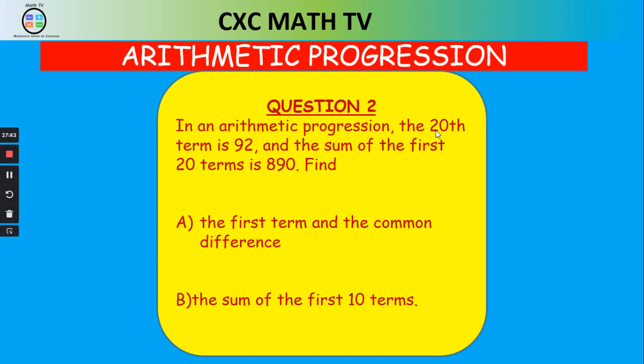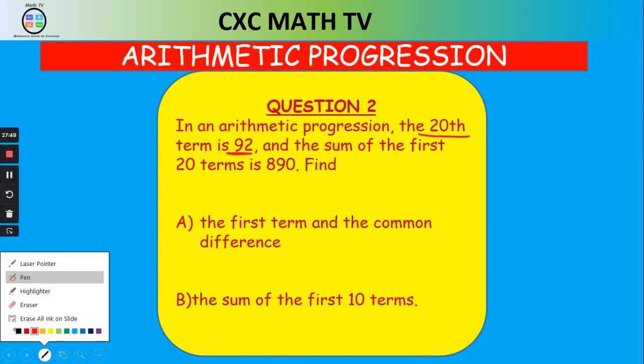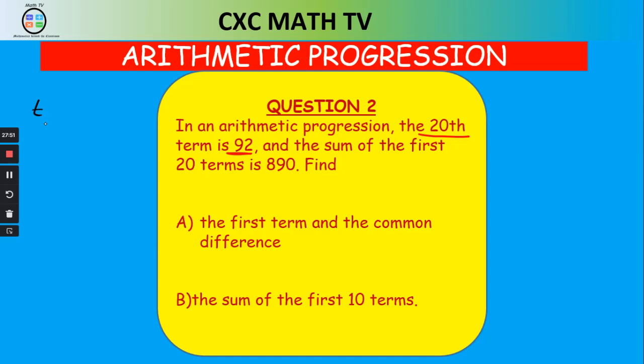This time they give us the 20th term, which they tell us is 92. No problem. We know that the nth term is a plus n minus 1 times d. So in that case, 92 is equal to your first term, which we don't know, plus 20 minus 1, which is 19, d. This is what we know.